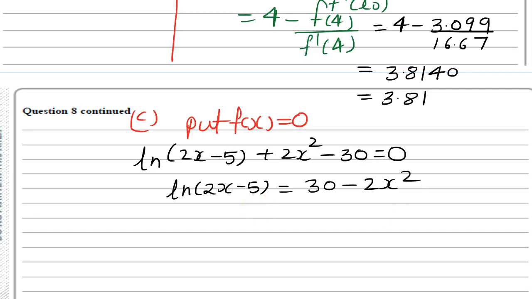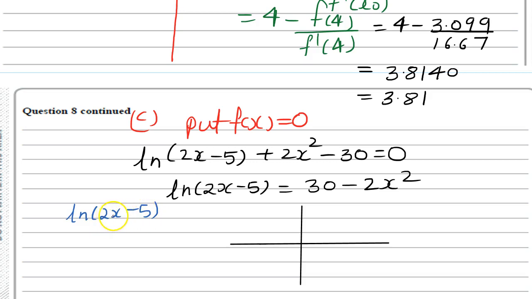Okay, so here what we need to do, if you see here, ln(2x minus 5), let's plot it here. If you take x is 1, then 2 minus 5, minus 3, will be negative. If you put 2 here, 2 times 2 is 4, minus 5, it will be negative.